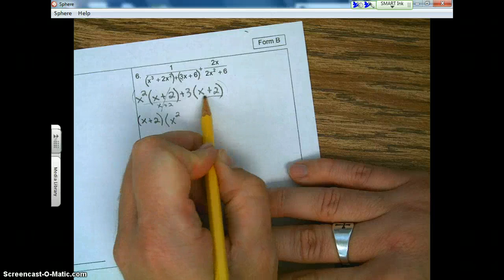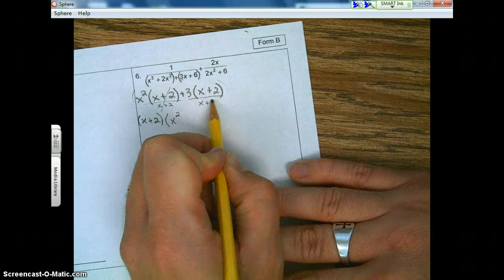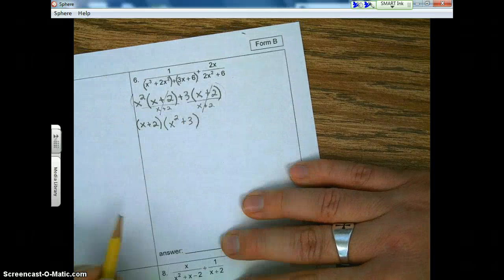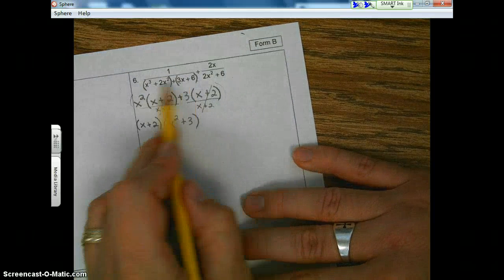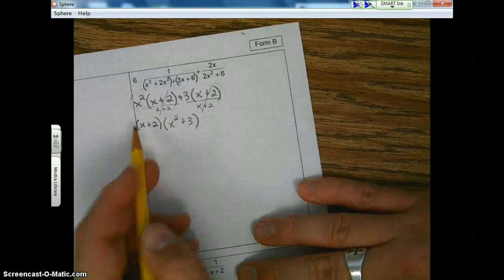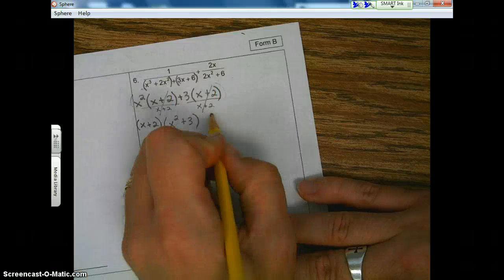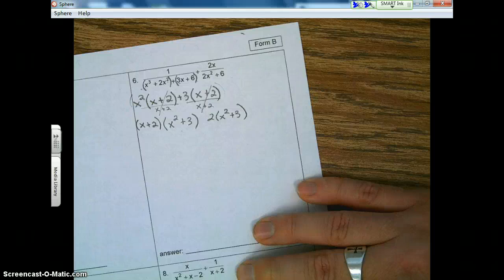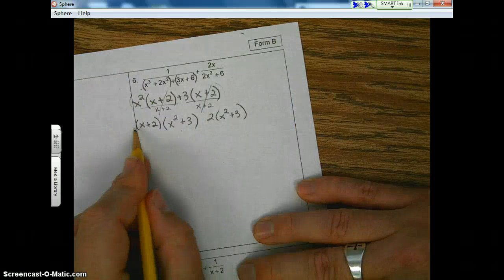And I'm going to divide this one by x plus 2, which gives me a 3. So this factors to this. Okay, factoring out a 2. There we go. So we're done factoring.